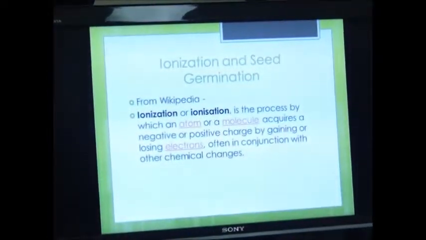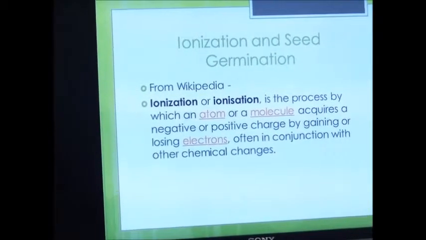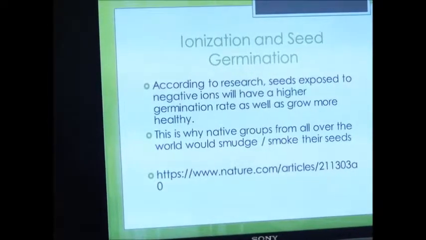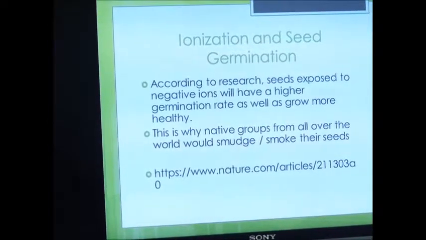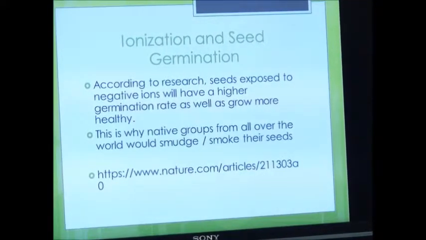That gets into this here. Ionization is the process in which an atom or molecule acquires a negative or positive charge by either gaining or losing electrons. Seeds exposed to negative ions will have higher germination rates as well as grow more healthy.